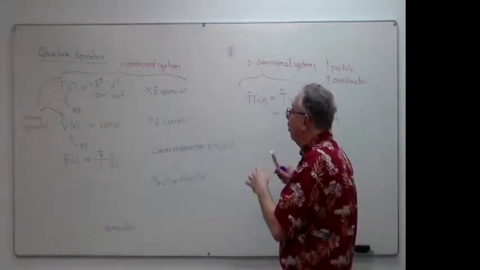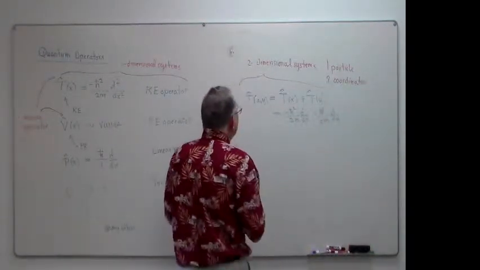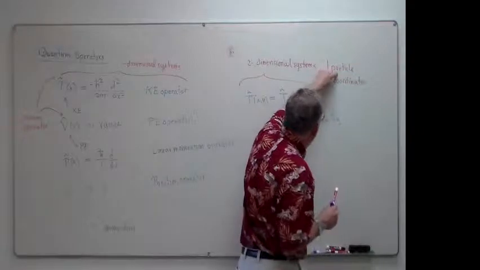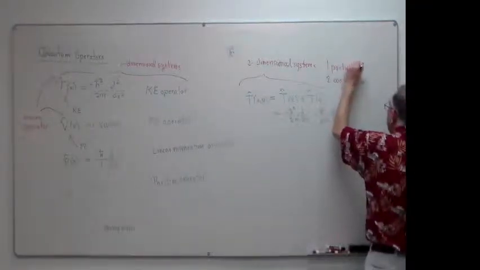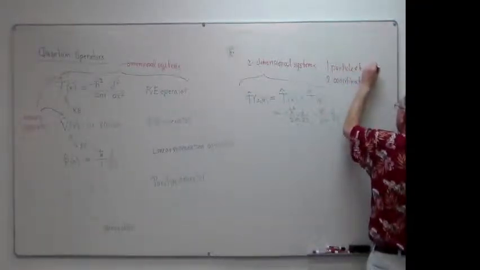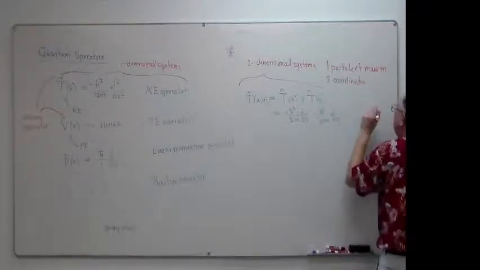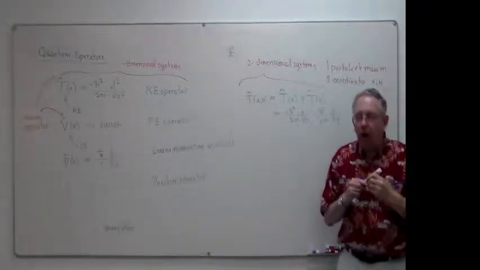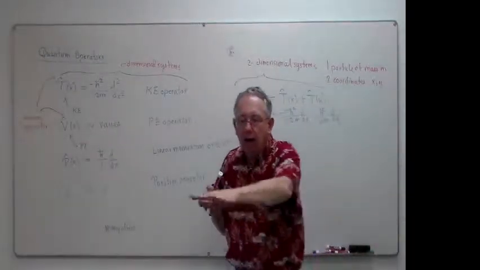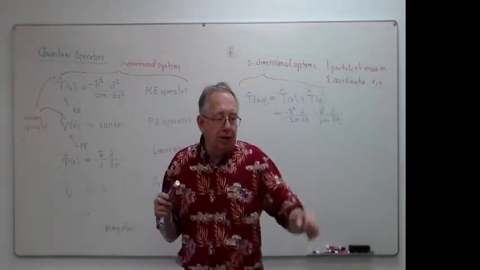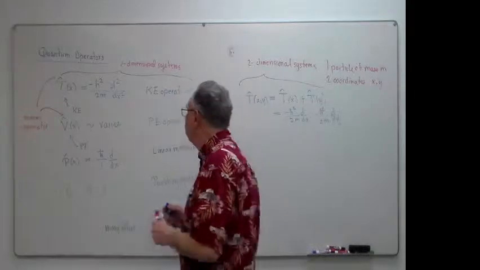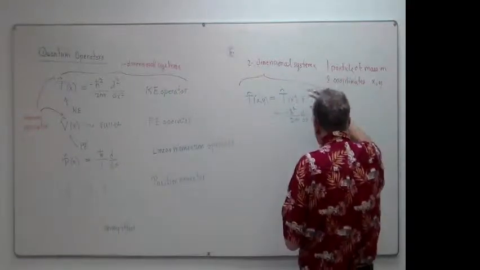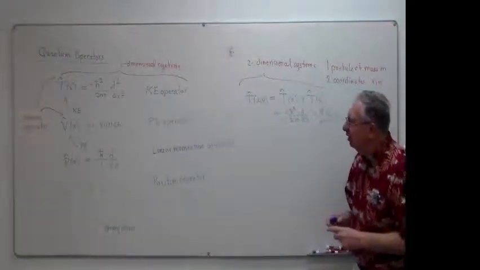Okay, so this is a two-dimensional system, one particle of mass m and two coordinates, x and y. It's free to go on this sheet of aluminum foil. We have an electron that can go anywhere at once. It can have x and y kinetic energy.